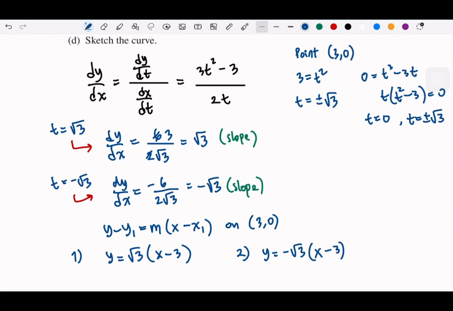Another equation is when y is 0. So when y is 0, we have t equals 0 or t plus or minus square root of 3. So I think we just need plus or minus square root of 3, because if we take 0, it will be undefined. So we can skip t equals 0 first.